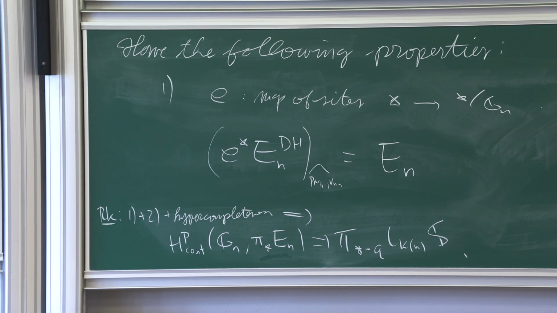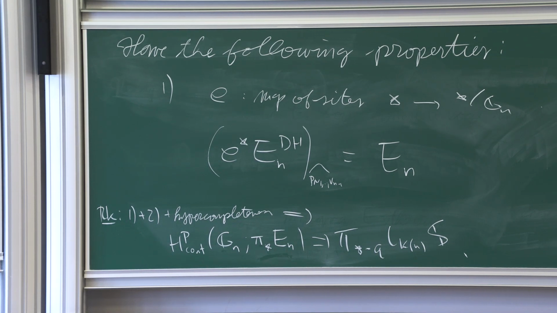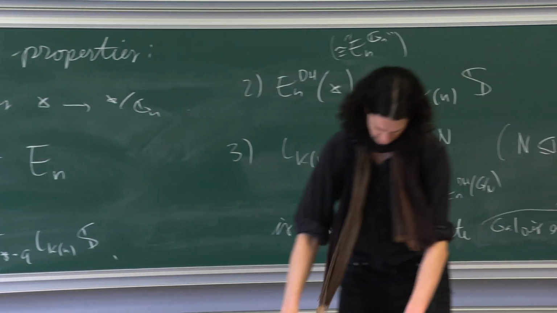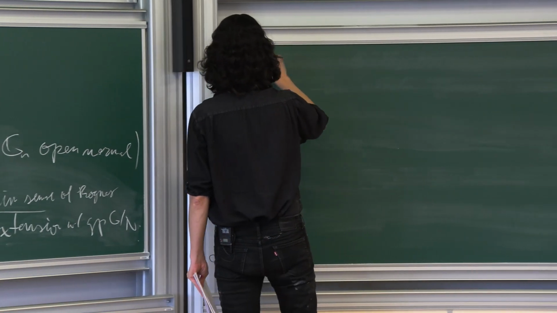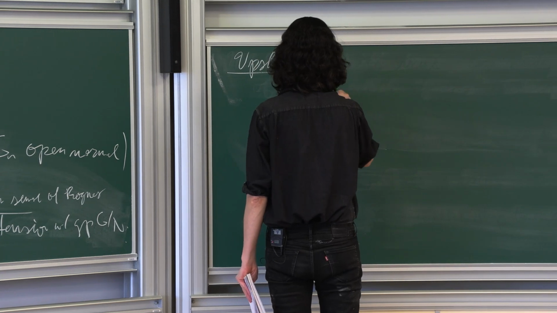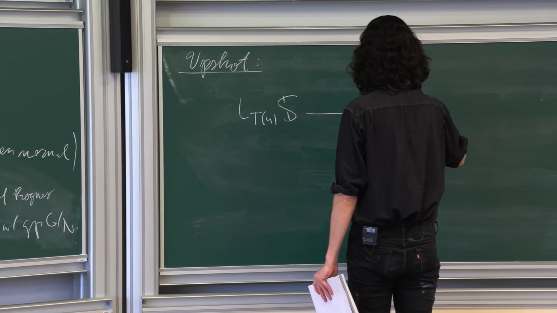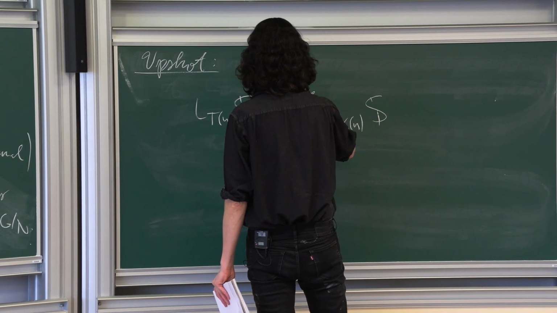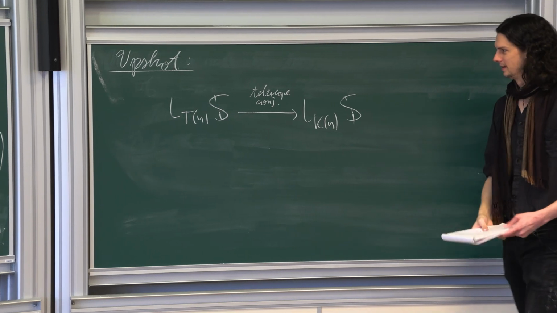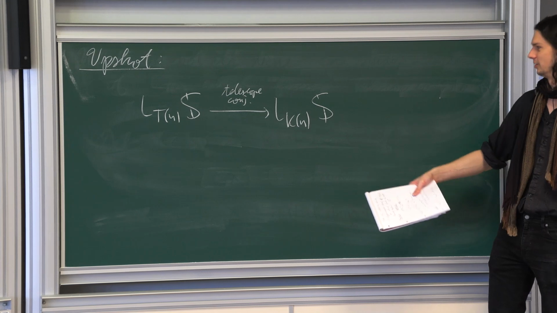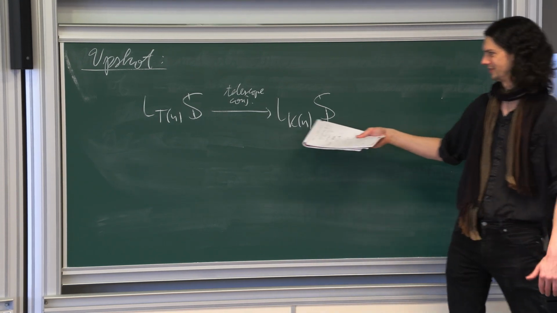Okay, so how can we interpret this, let me sum up. So upshot. We have LTNS, we have LKNS, and this is what the telescope conjecture is about. Actually, I said the telescope conjecture was the claim that these two functors are the same, but in fact, if they're different, you have to see that difference already on the sphere spectrum.